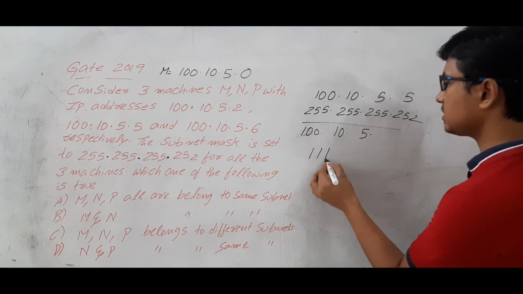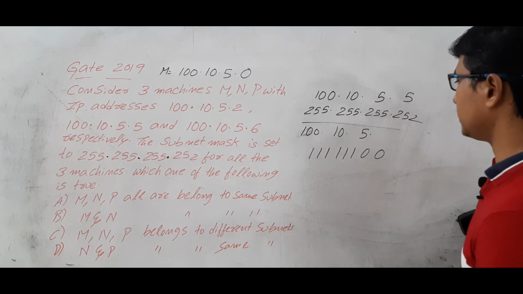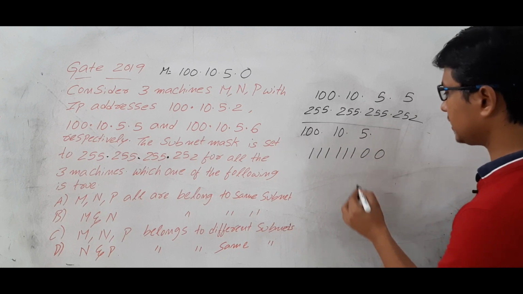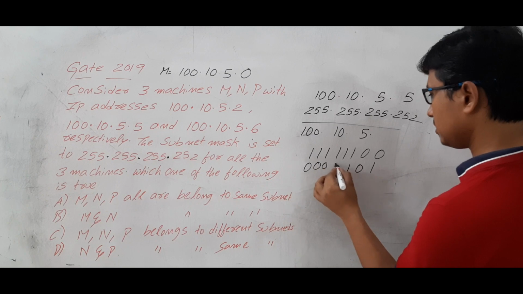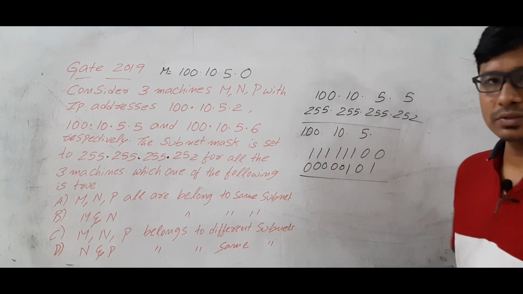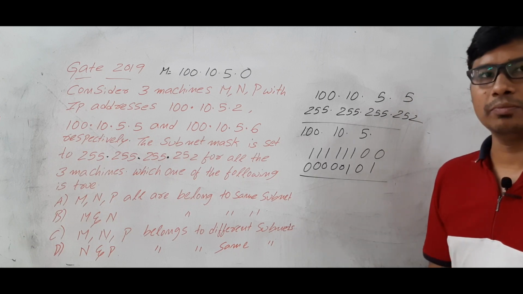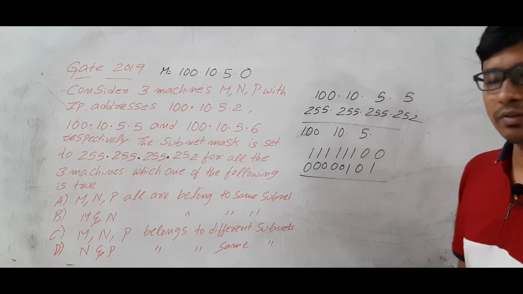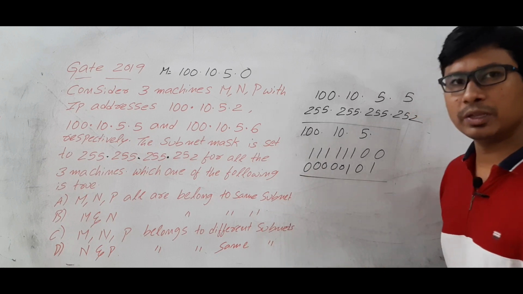I can write 252 as 6 ones and double 0. Just now I have discussed how to write it. And 5 I can write as 101 and 5 zeros in front. This is the binary representation of decimal number 5 in 8 bits. If you want to verify, you can verify also. Now perform the bitwise AND.